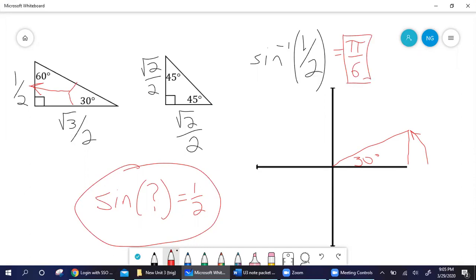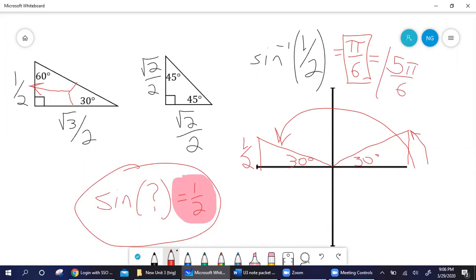But here's the issue. If I do not restrict my range, the sine is also equal to +1/2 down here at this 30-degree reference, but that's an angle of 5π/6. So π/6 works, 5π/6 works.